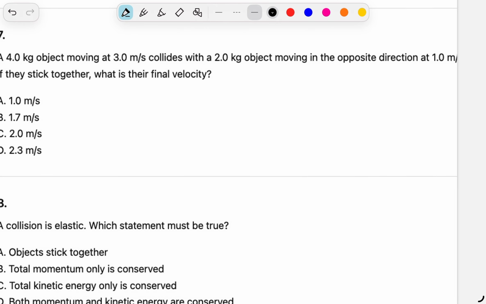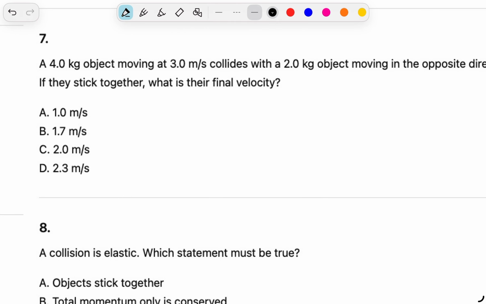A 4 kilogram object moves at 3 meters per second and collides with a 2 kilogram object moving in the opposite direction at 10 meters per second. If they stick together, what is their final velocity?